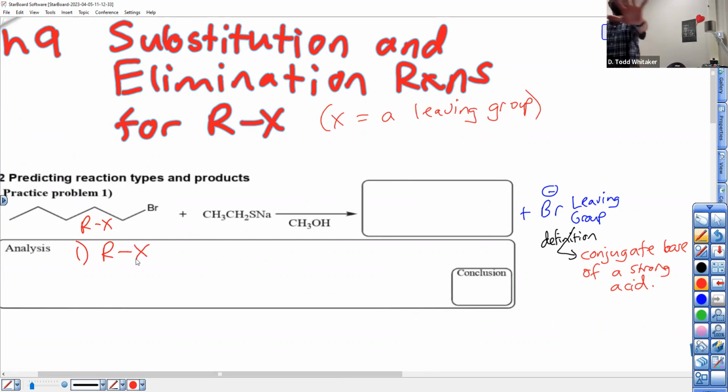Methyl, primary, secondary, tertiary, primary allylic, secondary allylic, tertiary allylic, vinyl, benzyl, phenyl, primary benzyl, secondary benzyl, tertiary benzyl, alkynyl, C-triple-C with a halogen or something attached. Of all the things I just said, it was the second one, which was what? Primary.